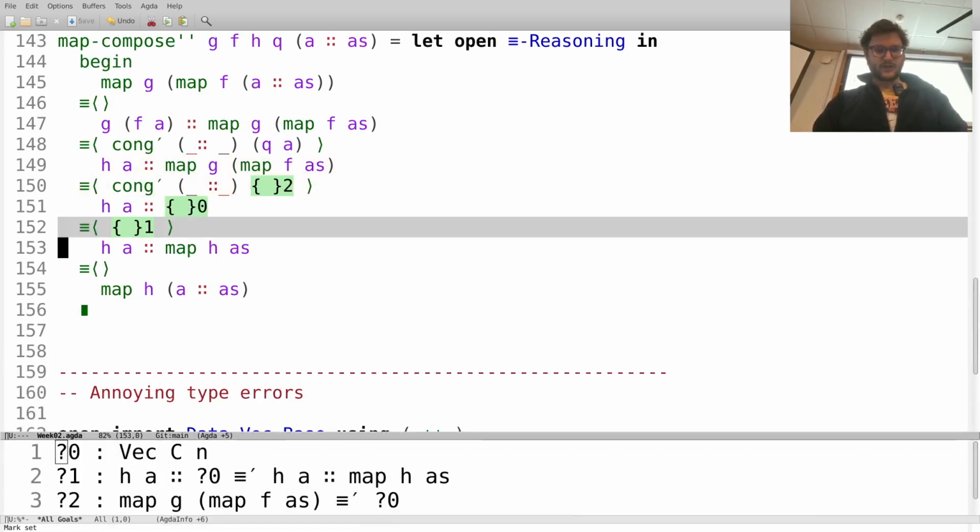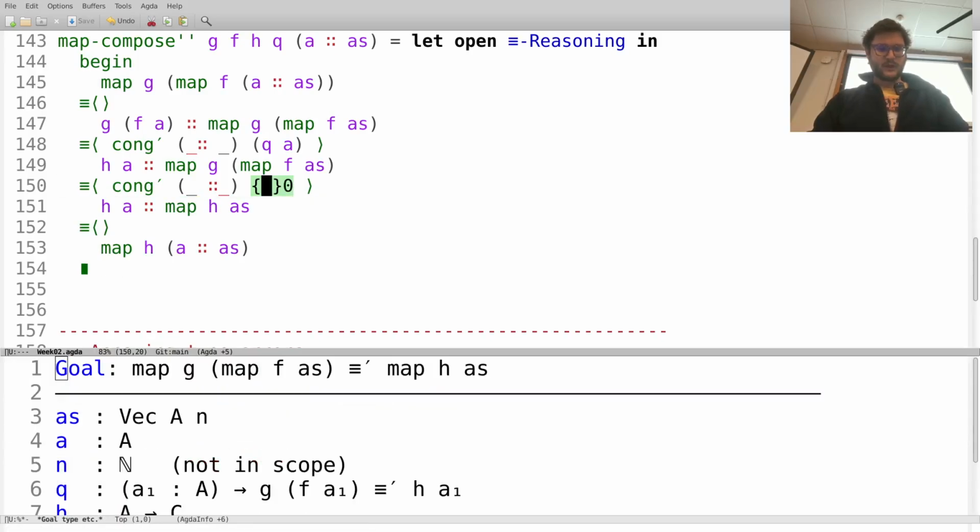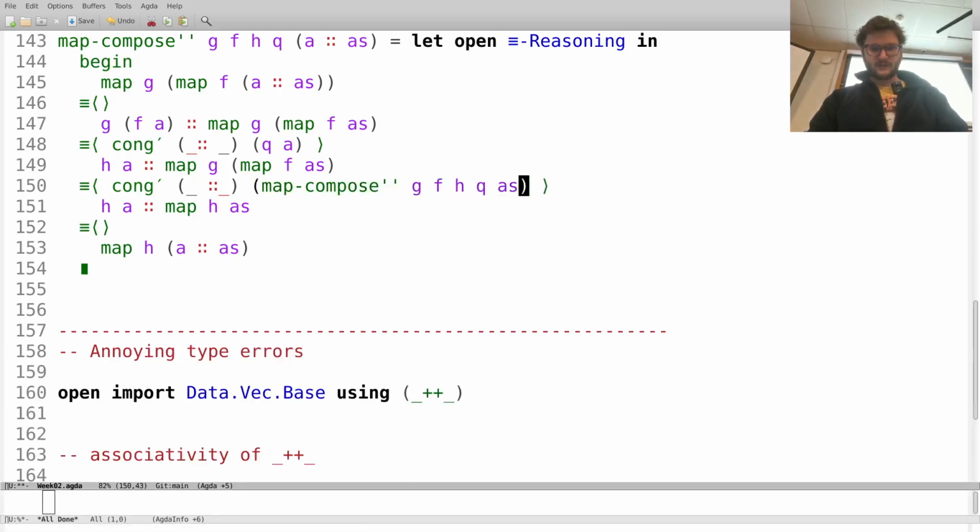Well, actually, we're going to jump directly to this, right? So I had one too many steps. So now, finally, to bridge the last gap, I need to go from map G, map F to map H, and this is the induction hypothesis. So this is my compose prime prime, G, F, H, Q, As.